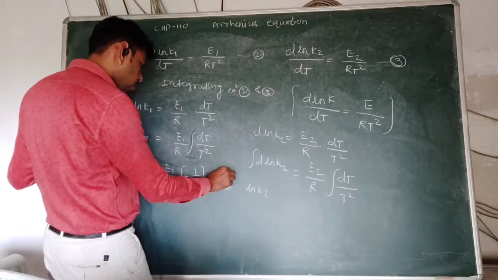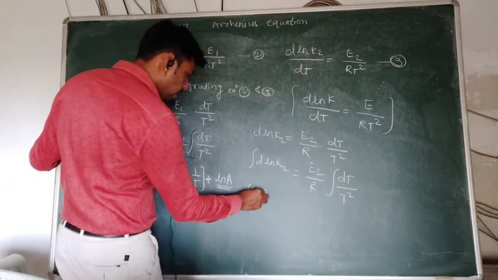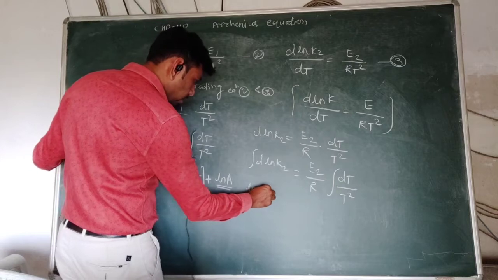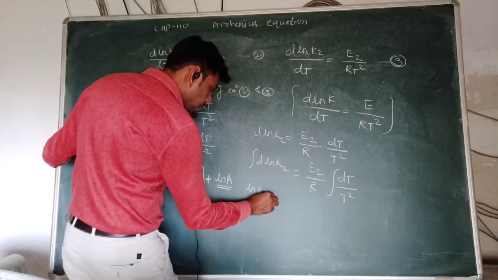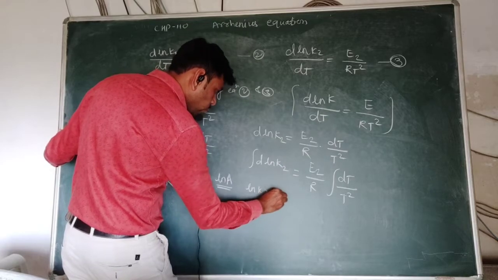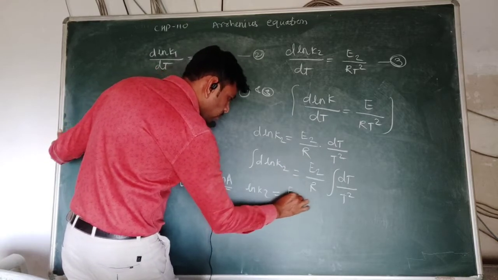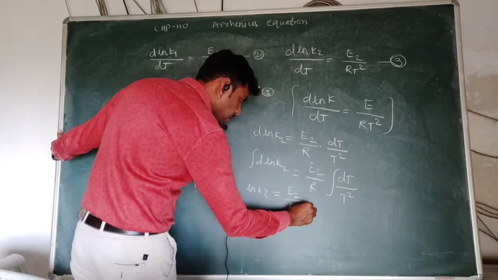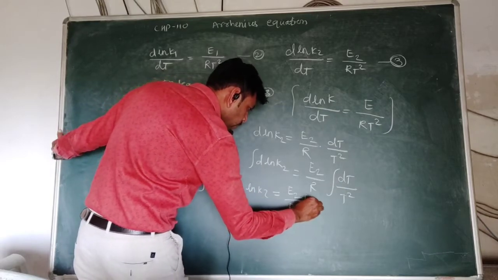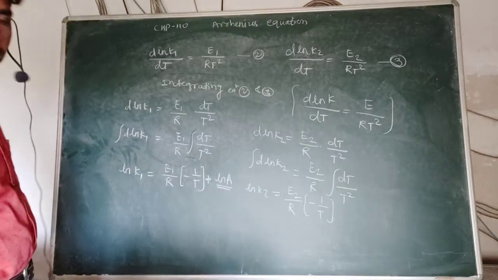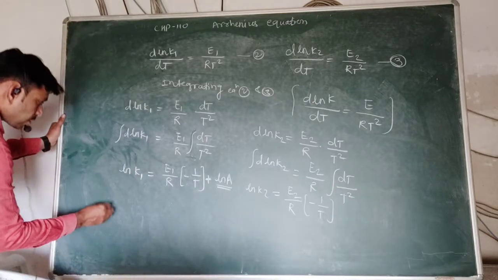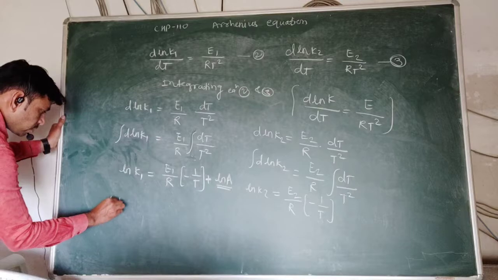Similarly ln k2 equals E2 upon R, written as it is, times minus 1 upon t, the integration for this term.